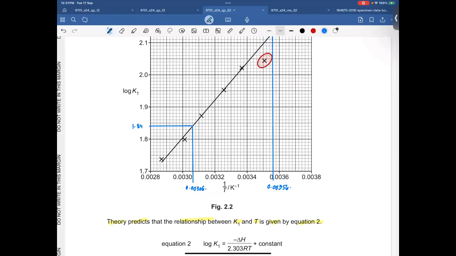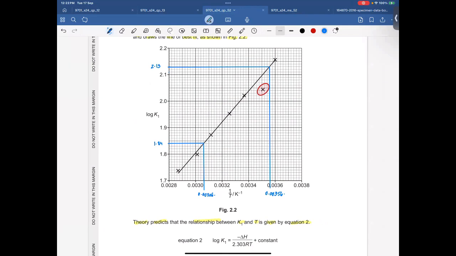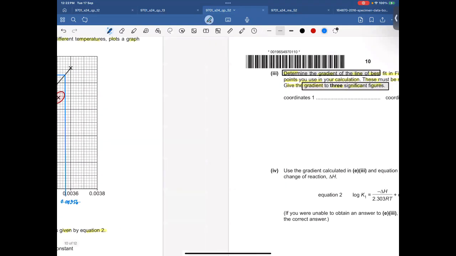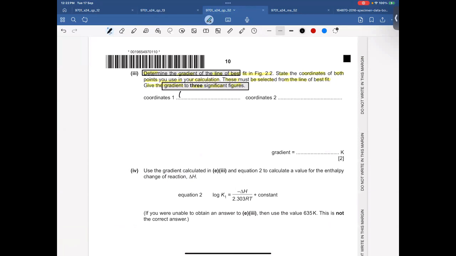Okay. So let me write both the coordinates. Coordinate 1 is 0.00306 and 1.84. Coordinate 2 is 0.00356 and 2.13.